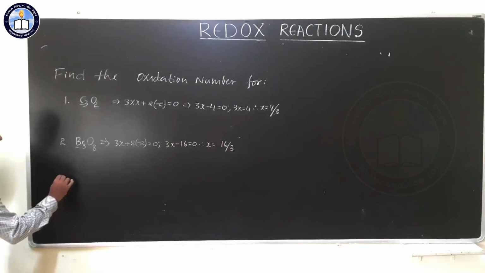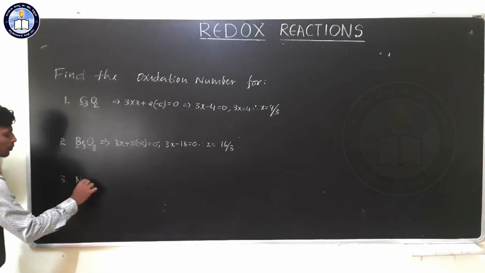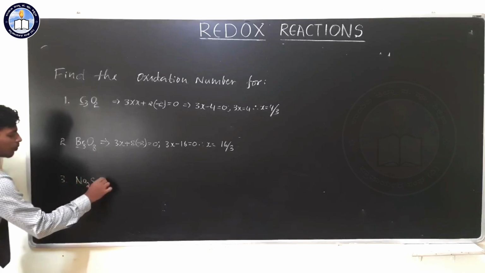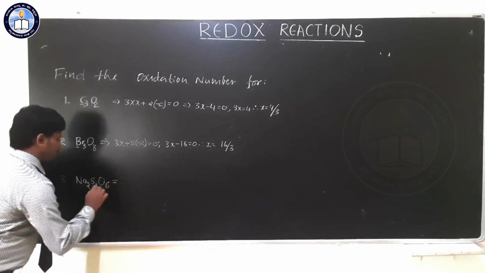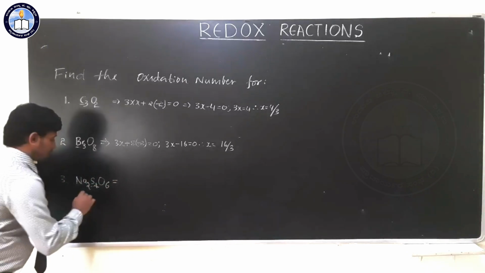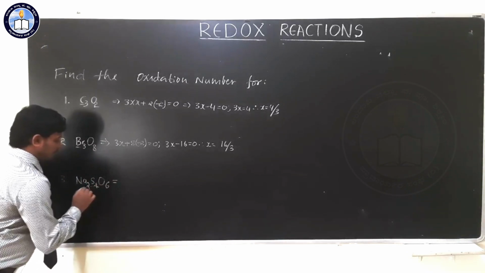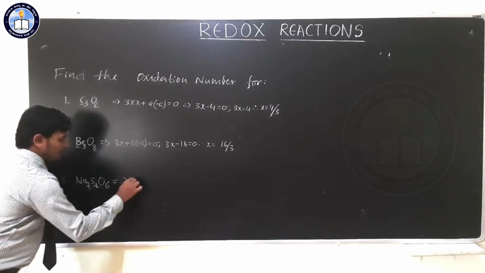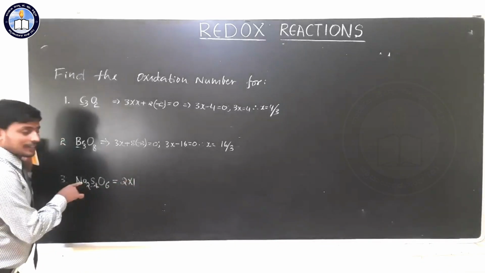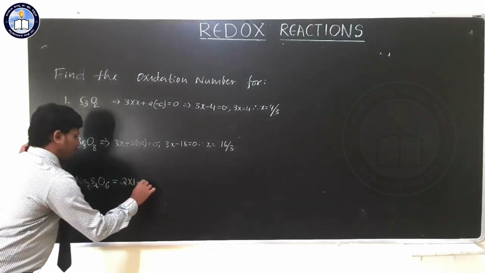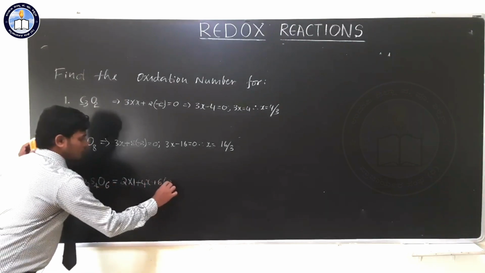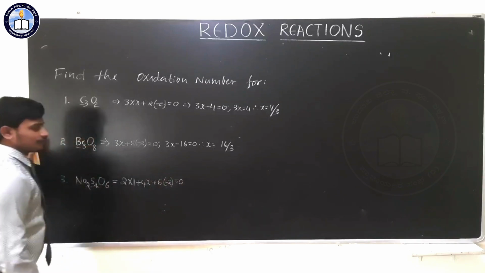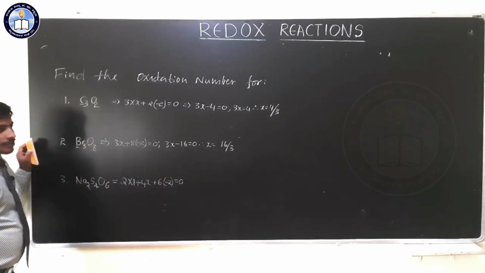Similarly, for Na2S4O6, for sulfur, we have to find out. That is equal to 2 into 1, for sodium is 1 because alkali metals, plus 4 into x, 4x, plus 6 into minus 2 equal to 0, right?